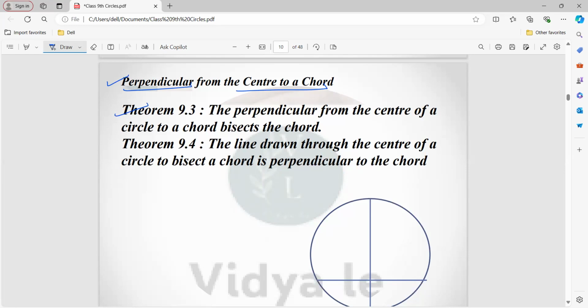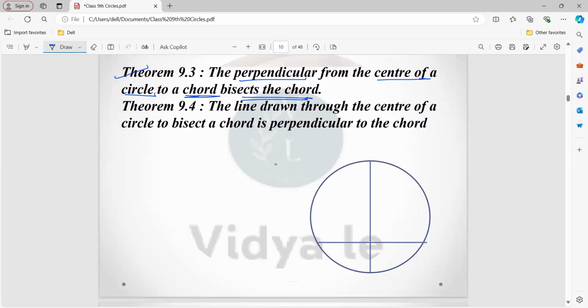The theorem is: the perpendicular from the center of a circle to a chord bisects the chord. If we take a circle with center O and a chord AB, and draw a perpendicular from the center of the circle to the chord, this perpendicular will bisect the chord.